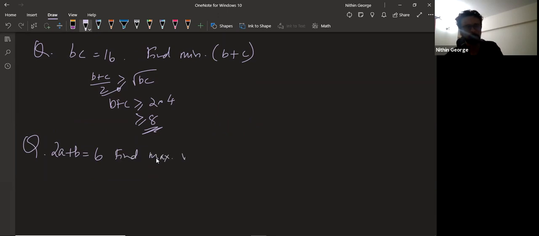Okay, next question. Find the maximum value of A square B and AB if it's given that 2A plus B is equal to 6. Come on. What is this problem?